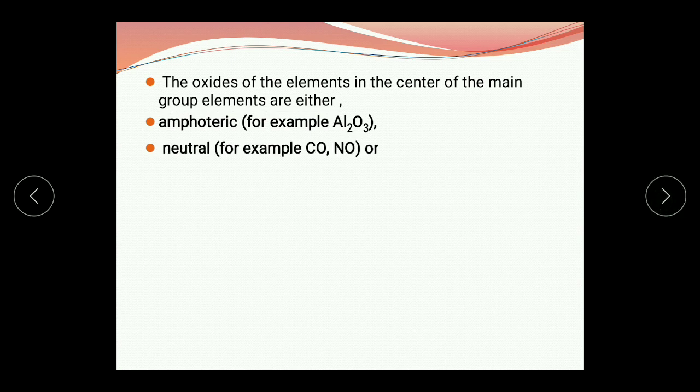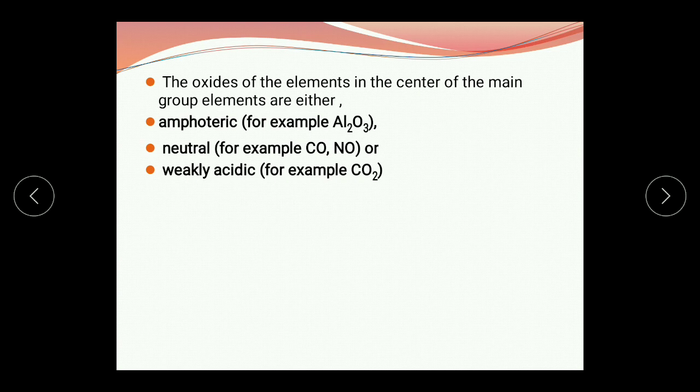Some oxides of the center of the main group elements are neutral, like carbon monoxide and nitric oxide. They are neither acidic nor basic. They can be weakly acidic as well. For example, carbon can form two types of oxide, carbon monoxide and carbon dioxide.